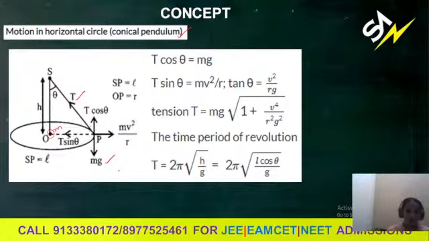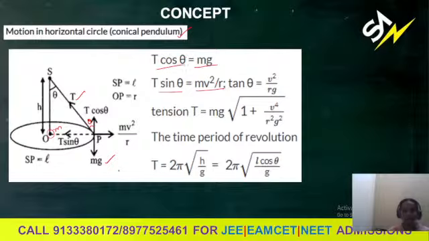Now this tension makes an angle theta with the vertical, and here also the angle is theta. So the tension resolves into its components: T cos theta, and T sin theta towards the center. For the condition of equilibrium, we balance the forces vertically and horizontally.